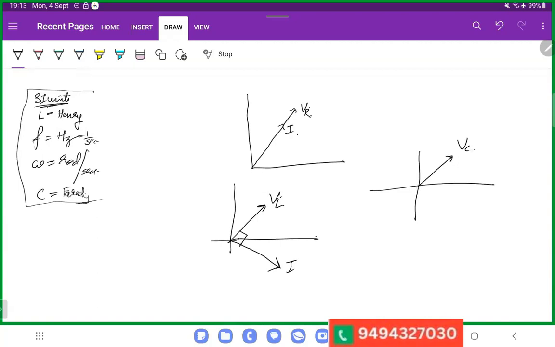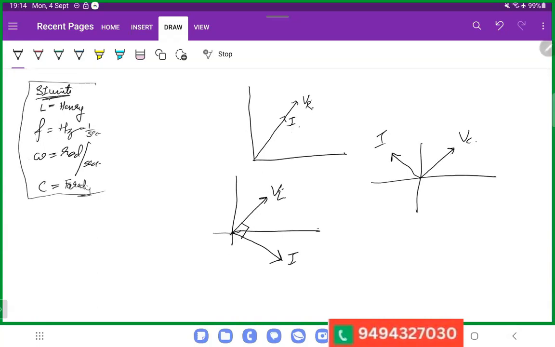VC is behind I. So in this one, they are in the same phase. In this one, they are 90 degrees behind. In this one, they are 90 degrees ahead, meaning current is leading voltage. Here current is lagging.